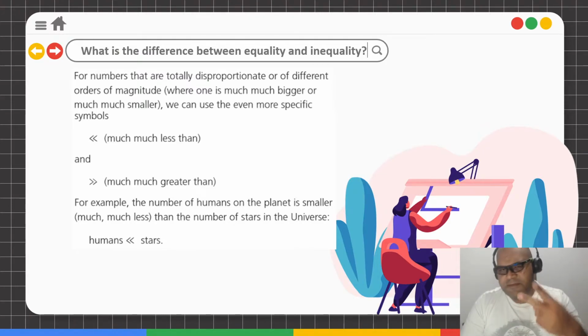It's the same greater than or less than sign, but with an extra one. Why? Because we want to be sure they are very disproportionate. For example, the number of humans on the planet is much smaller than the number of stars in the universe. Great. That's the thing.